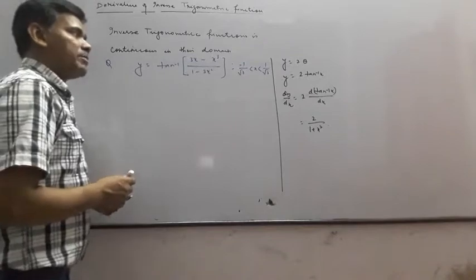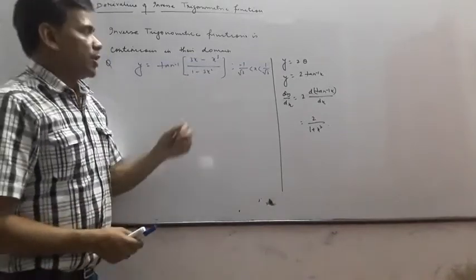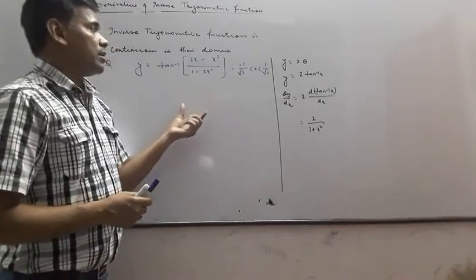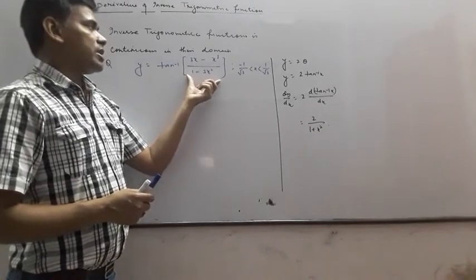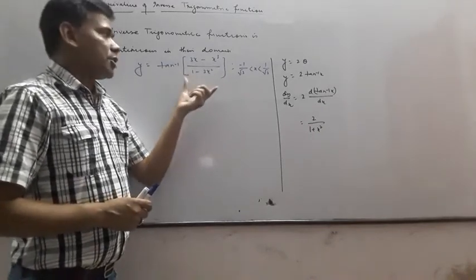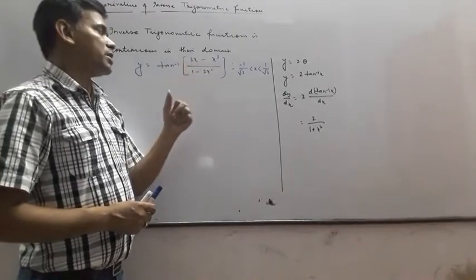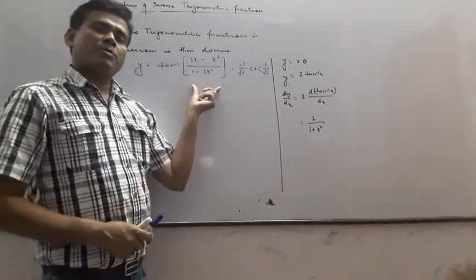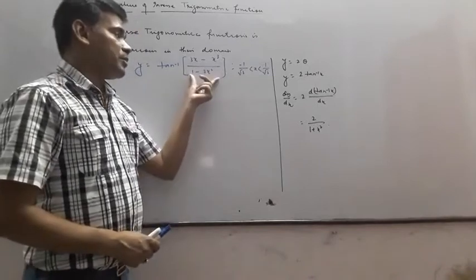So once again I am telling you, you will have to determine and remember which trigonometric identity appears like this, that means it is in the algebraic form. If you suppose here sine, then it will appear as 3 sin theta minus sin cube theta by 1 minus 3 sin square theta. That means you will have to suppose, is there any formula which will be in the form of this?